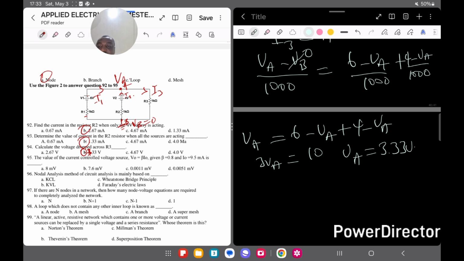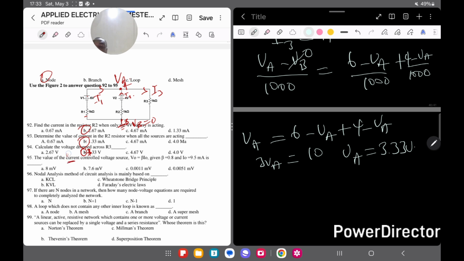The value of the current control voltage V0 is equal to this beta I0, giving beta equals 0.8 and then I0 equals 9.5 milliamps. So here you are just to find what is supposed to be voltage.